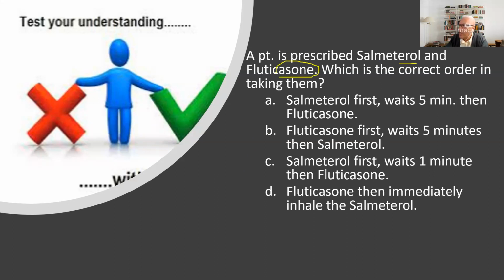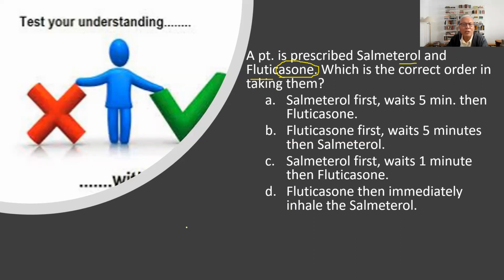Azone is a steroid, fluticasone. So just in case you forgot, azone is the suffix of steroids, and therefore the steroid has to come last, right? So the bronchodilator inhaler, which is salmeterol, is going to have to be administered first to open up the airways.